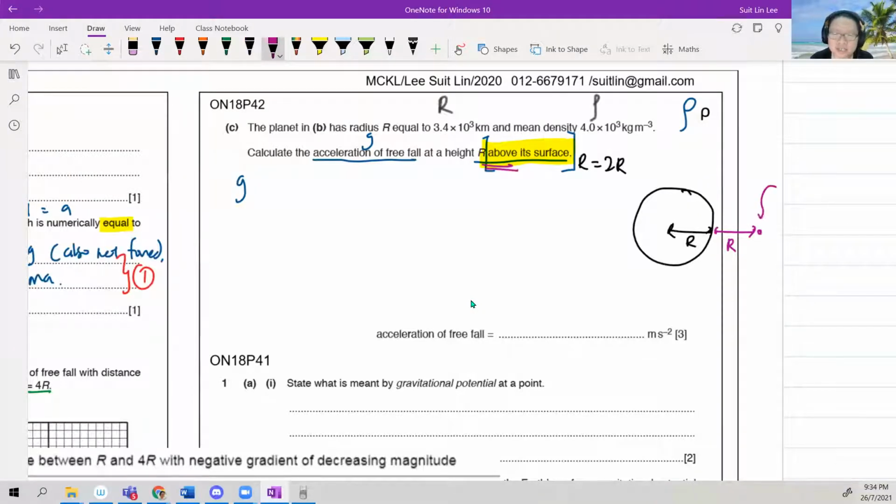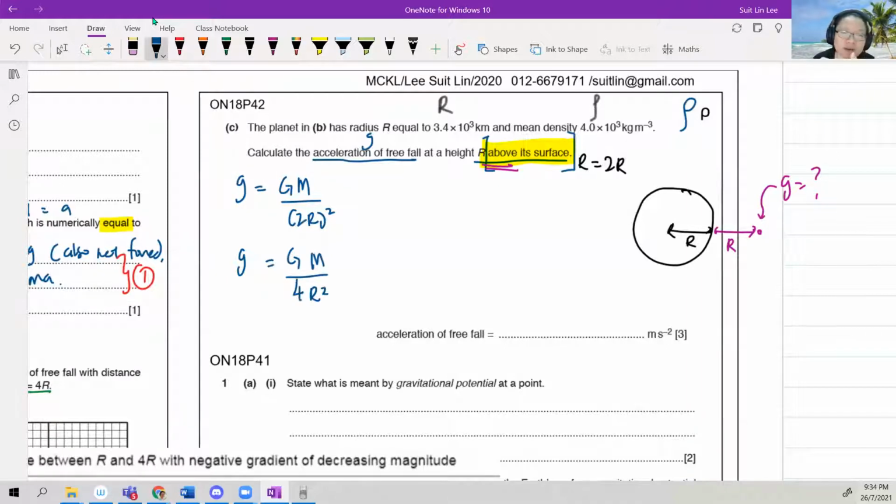So we are asking, what is the g here? Sneaky, this question, very sneaky. Never mind. GM over 2R squared. I got you. All right, so it's 2R. Then you may be thinking to yourself, well, teacher, that was nice, and I'm stuck now because I got radius, but I ain't got no mass.